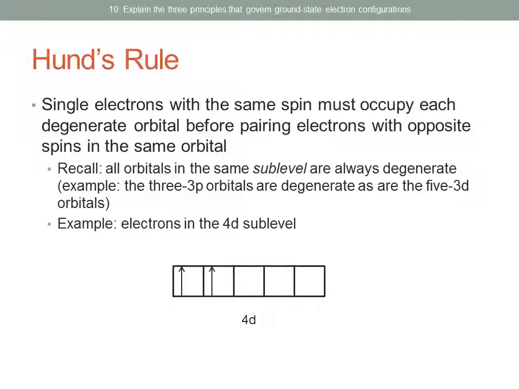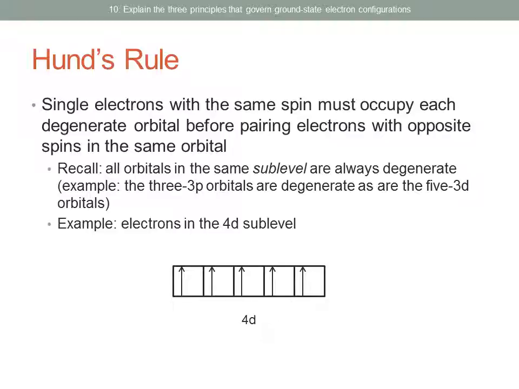If we were to have a third electron, it would go in the next orbital with a positive spin. A fourth electron, again, the fourth orbital with a positive spin. Fifth orbital, fifth electron with a positive spin. Only once we get each orbital with an electron in it all with the same spin, then do we go back and we start pairing up electrons.